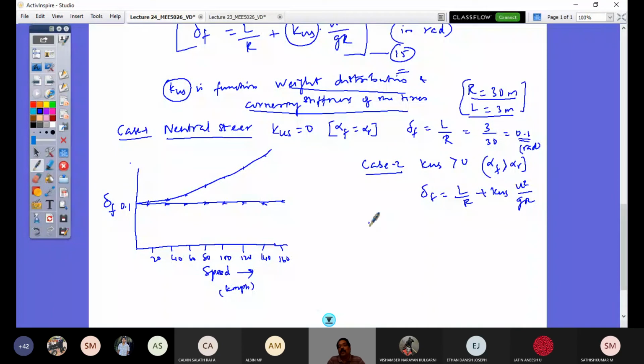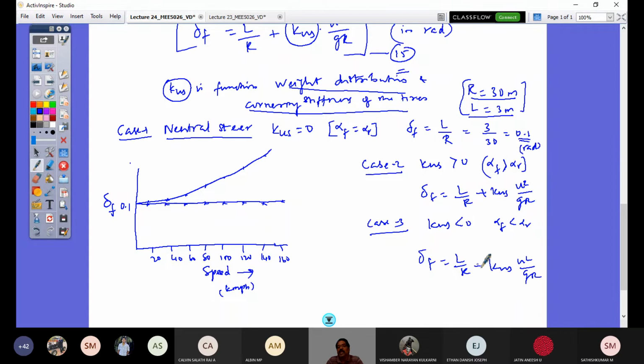Case 3. K_US is less than 0, which will happen when alpha F is less than alpha R. So what would happen here? Delta F is L by R plus K_US, which becomes minus K_US into U squared by gR.